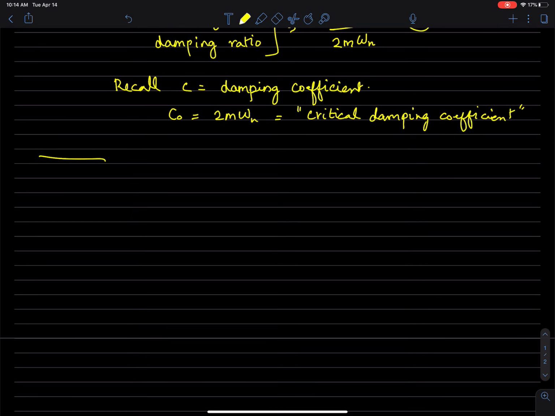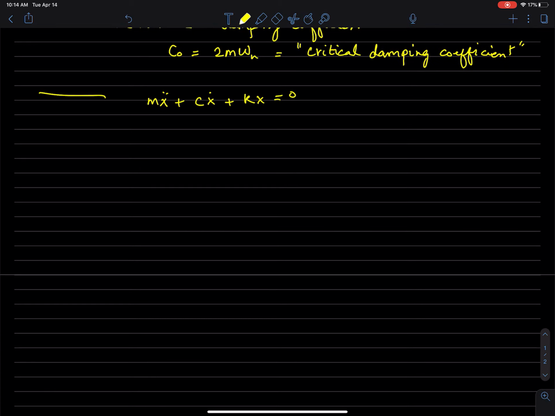We take equation number 1, m x double dot plus c x dot plus k x equal to 0, and then divide through by m. We get x double dot plus c over m x dot plus k over m x equal to 0.